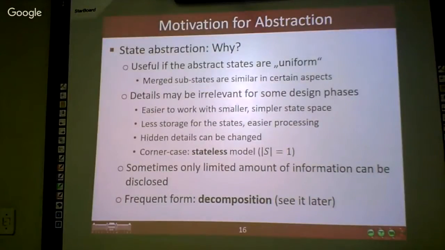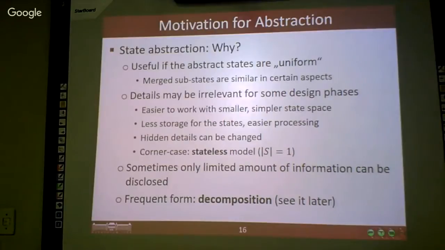And when to use state abstraction: if we want to express the uniformity of some states, then we use abstraction and merge substates with similar behavior. It is also useful if you want to hide details that are irrelevant. Sometimes it is easier to work with a smaller, simpler state space.